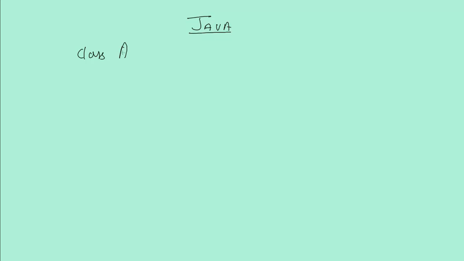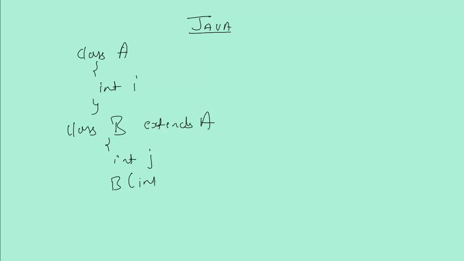I have a class called A, which has some instance variable called I. There's one more class called B, which extends A. There is one more member, a constructor.